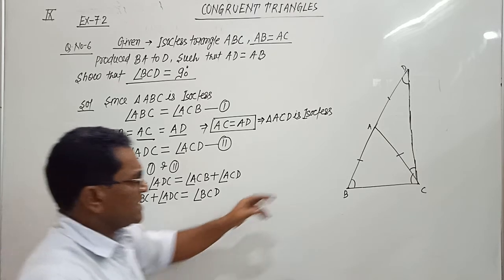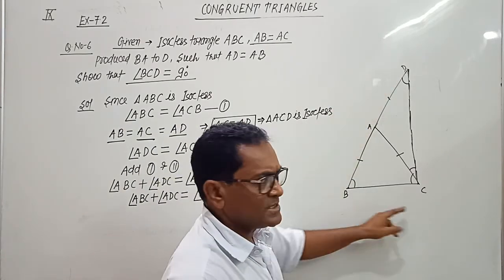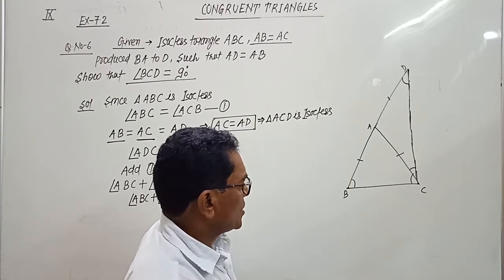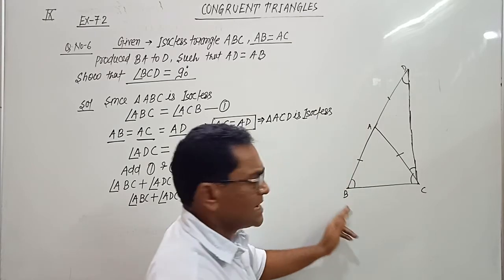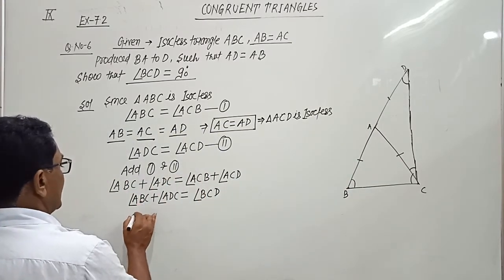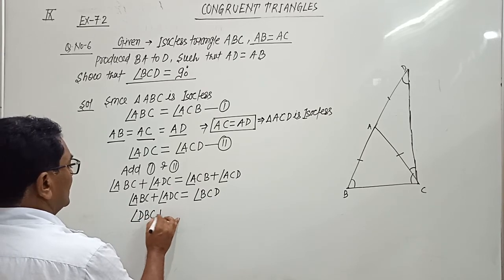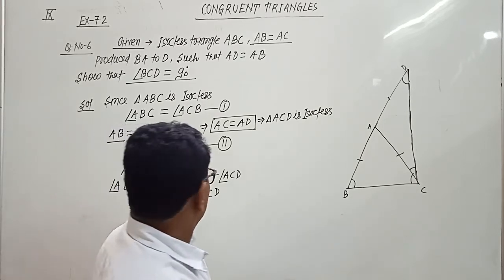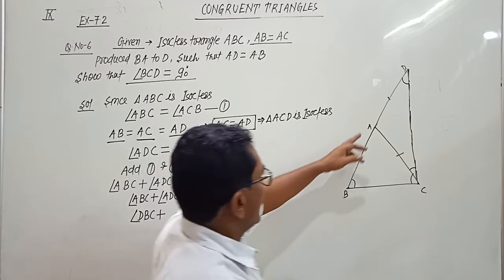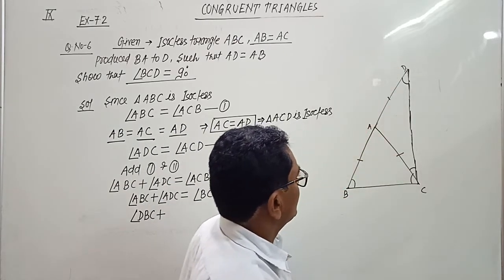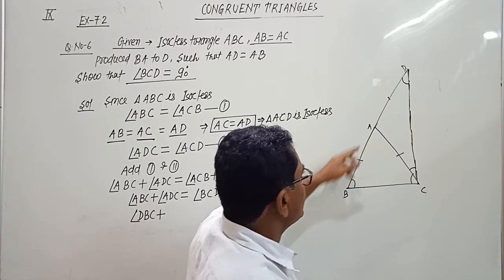But angle ABC can also be written as angle DBC, because the angle is at B. And angle ADC can also be written as angle BDC.